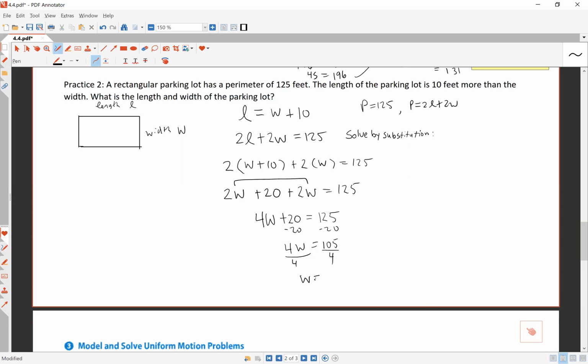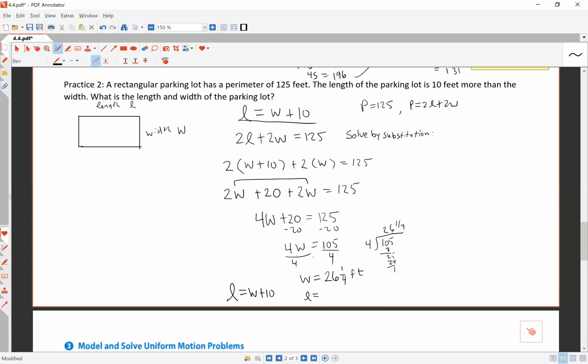And we get W is equal to 4 goes into 105, 26 1/4 times. And now the length is 10 more than the width.